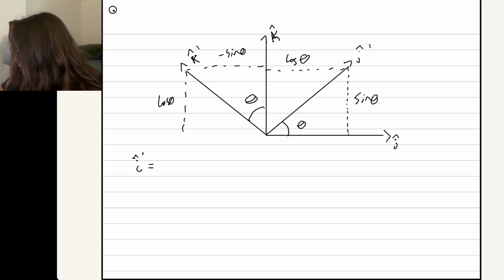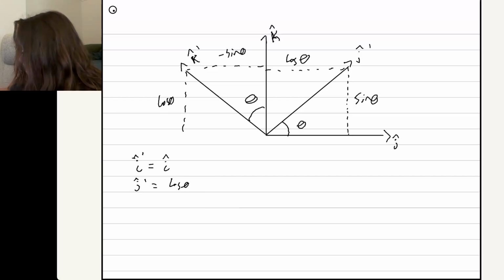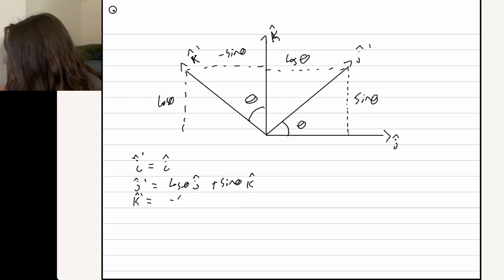So the i hat prime is going to be equal to i hat, since that's what we're rotating around. J hat prime will be, from the diagram, cosine theta j hat plus sine theta k hat, and then k hat prime looks like minus sine theta j hat plus cosine theta k hat, right?